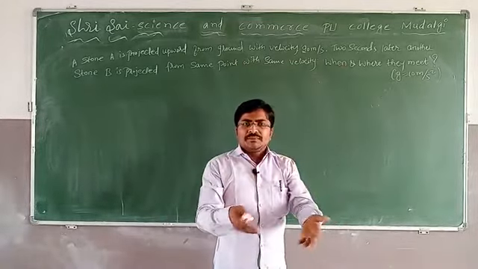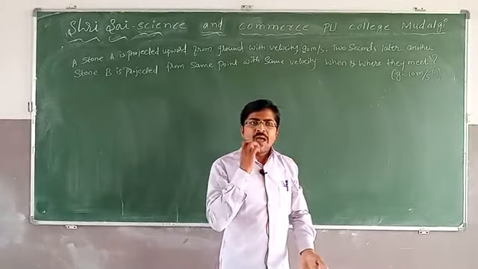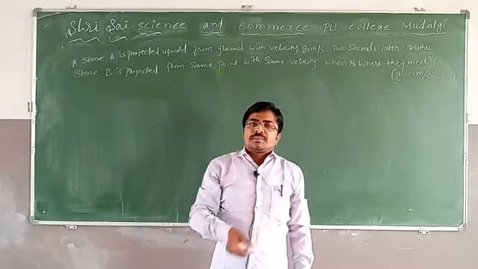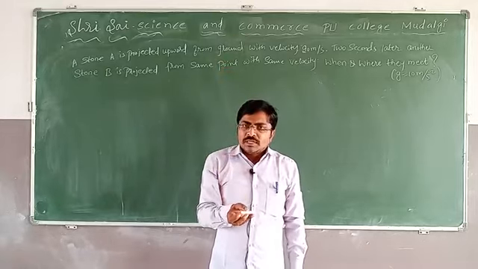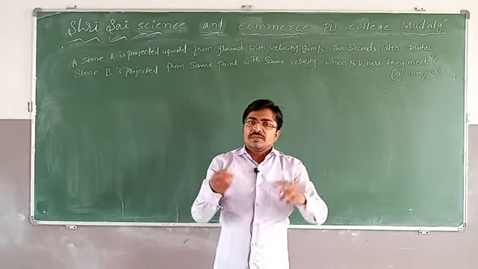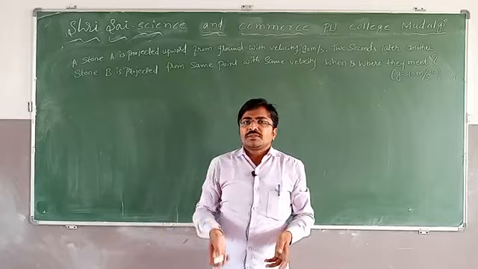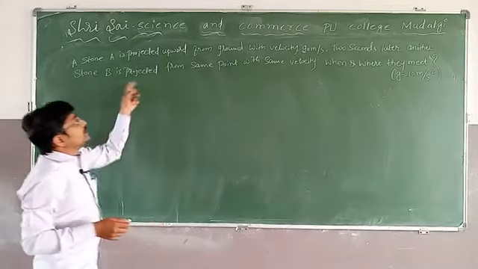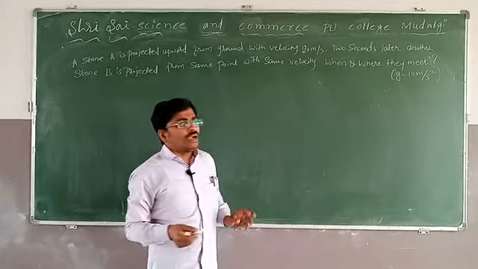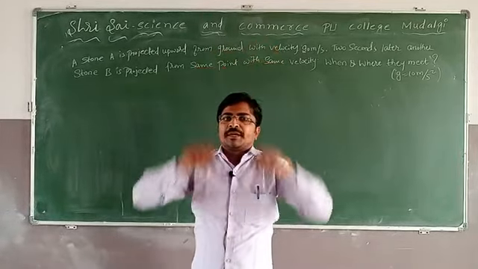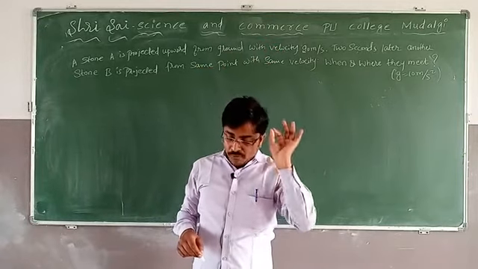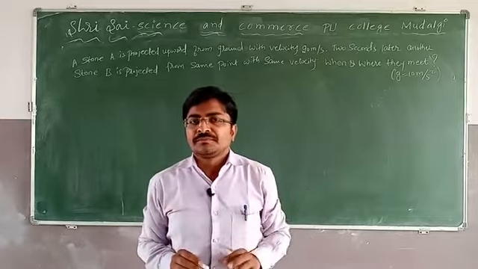After 2 seconds, one more stone is thrown from the same point with the same velocity, and they will meet at some point. When and where they will meet, that is the question.